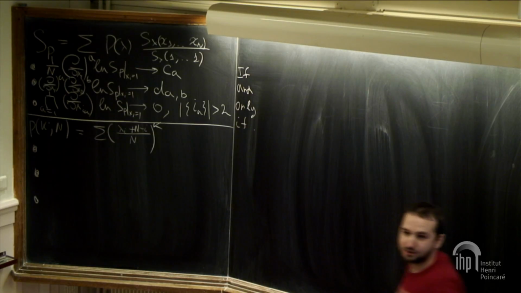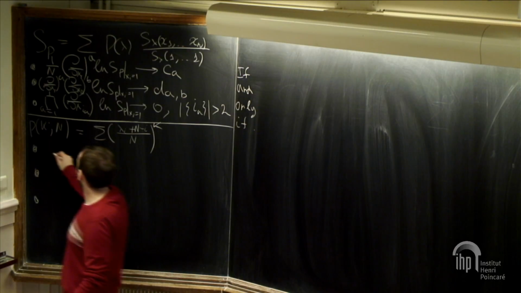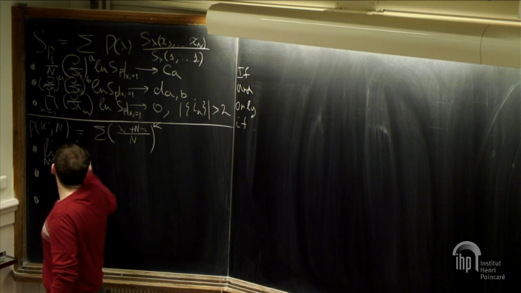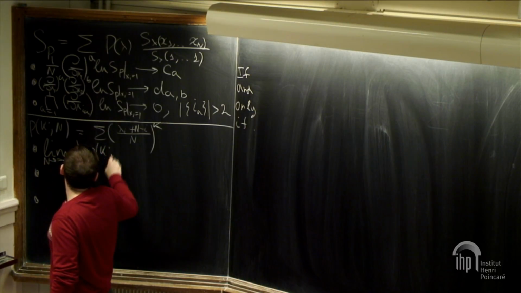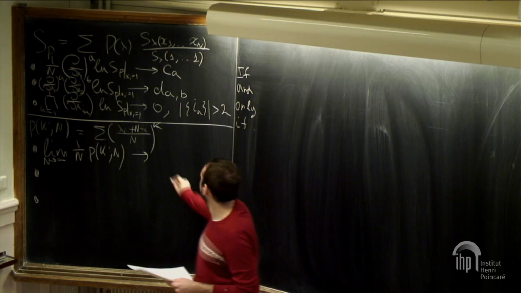These are the 3 conditions on the random variables pkn, and these 3 conditions were the following ones. So there was a limit, as n goes to infinity, of 1 over n times pkn, given by some numbers, pk.